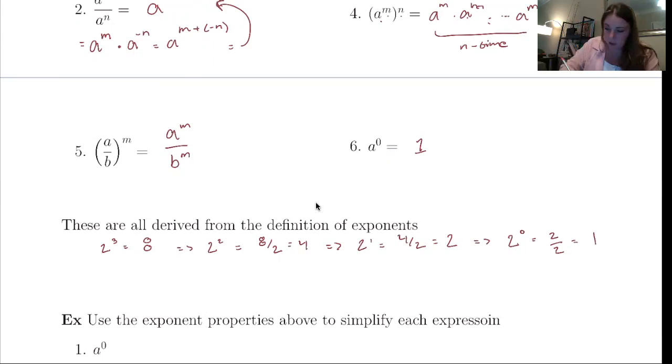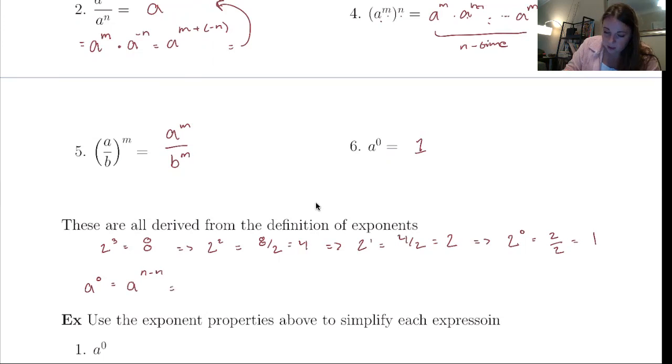And you can think about it in general as well. A to the 0, we can say that's a to the n minus n, because anything minus itself is also 0. Sometimes I'll refer to that as a fancy 0. It's kind of like our fancy 1 is any number divided by itself. A fancy 0 is any number minus itself.